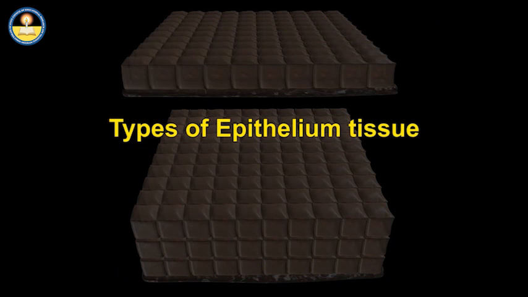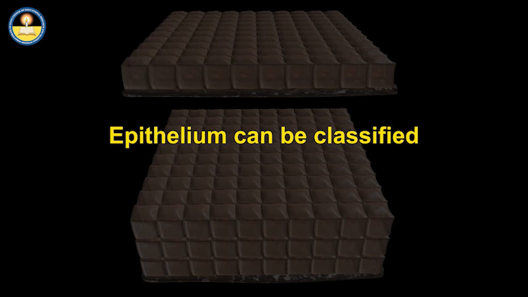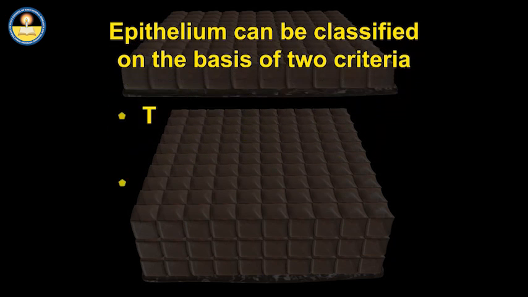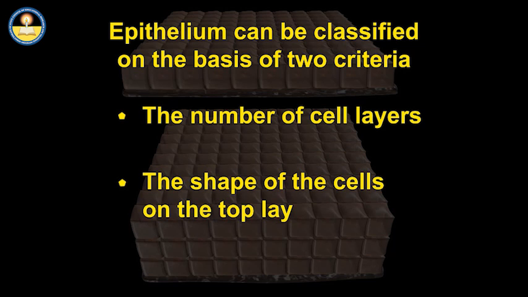Histological studies of this tissue show that epithelium can be classified on the basis of two criteria: the number of cell layers present and the shape of the cells on the top layer.